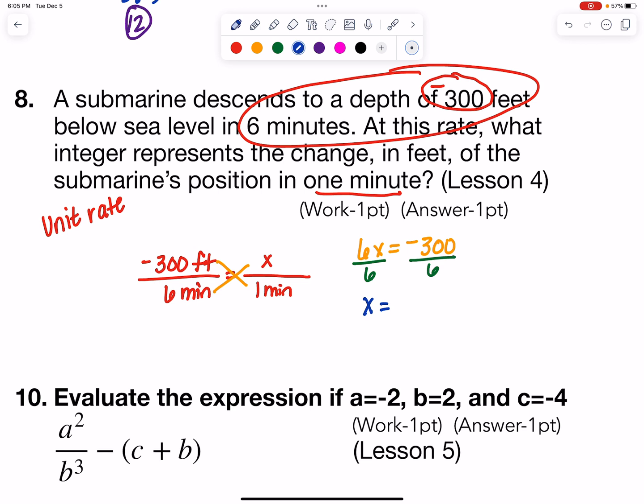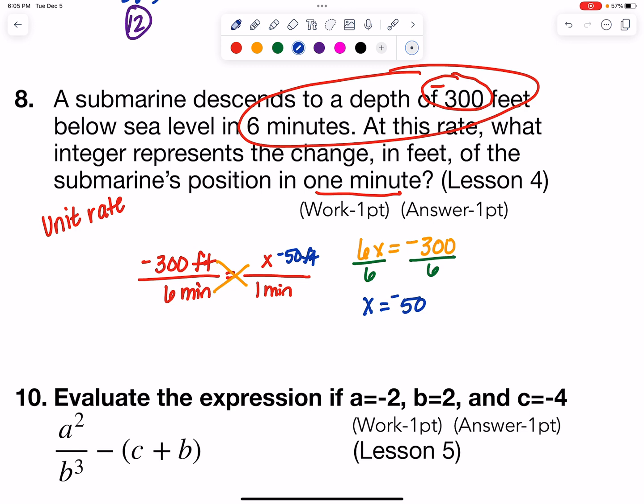Well, 6 times 5 would get me 30, so 6 times 50 would get me 300, but it is going to be negative, okay? So it's -50 feet per minute, okay?